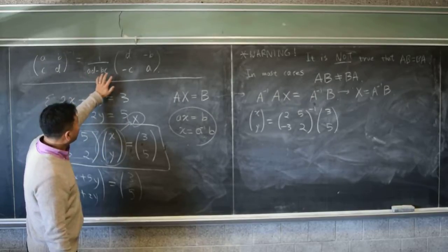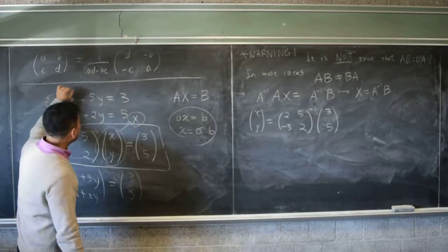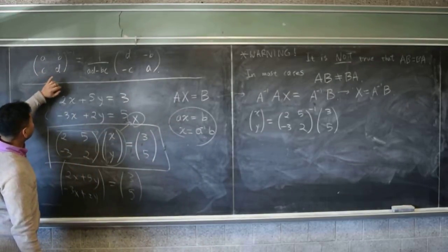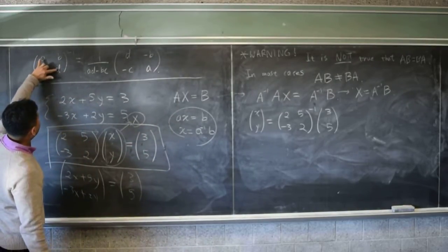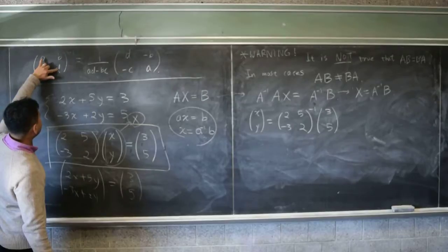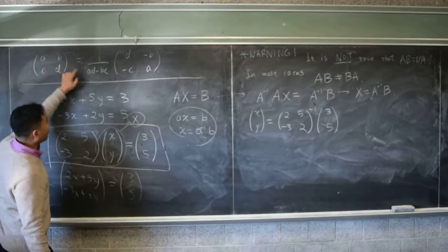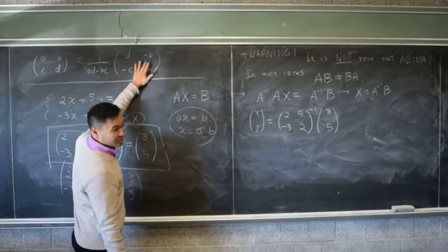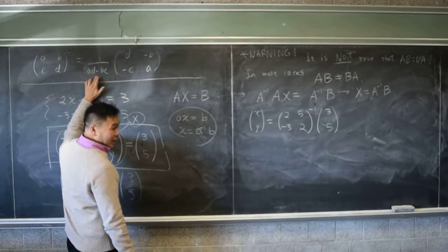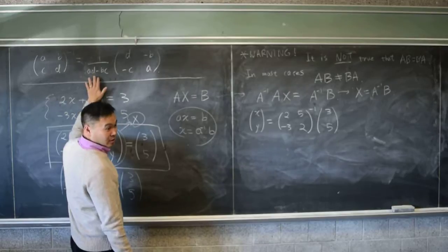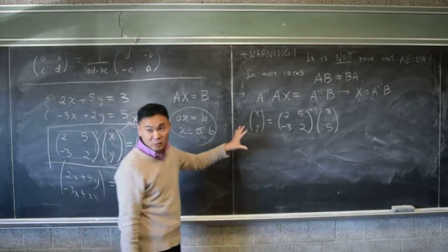So let's try to memorize this. What does it do to the original one? If you look closely at what's happened, you see that the diagonal has been interchanged. So you switch the diagonal, and these two off-diagonal elements are negated. Okay? And then you divide it by AD minus BC. Okay? Got that?